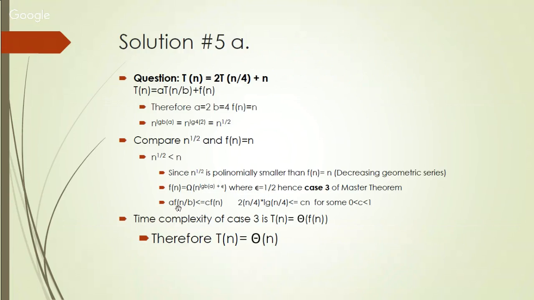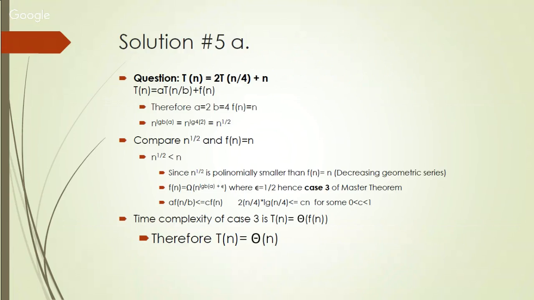Therefore, we also check the regularity condition, and again we see that it satisfies that: when you plug into the equation, it will always be less than the constant multiplied by f(n) for some c with 0 less than c less than 1.